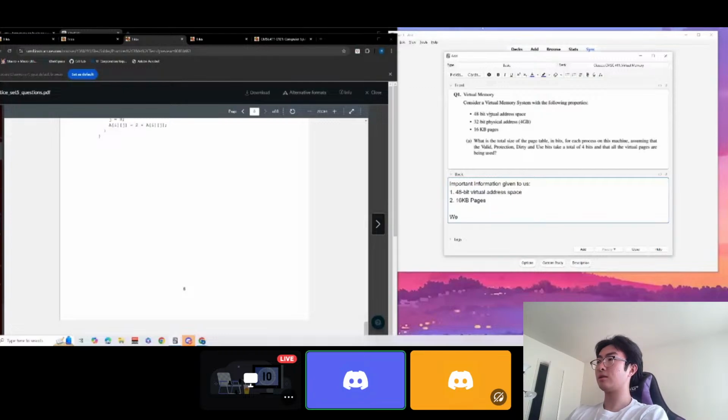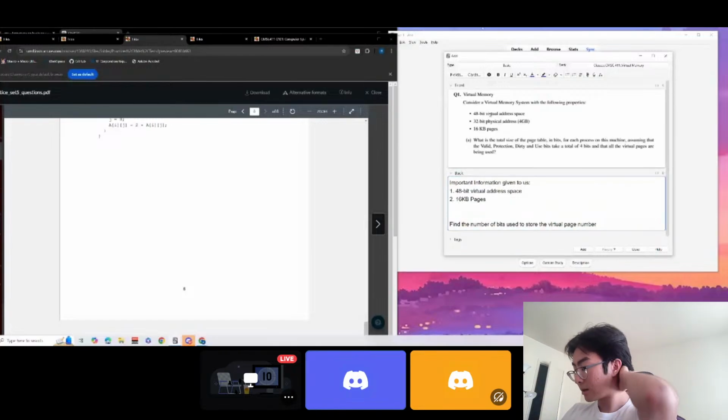We can find the number of bits used to store the virtual page number.